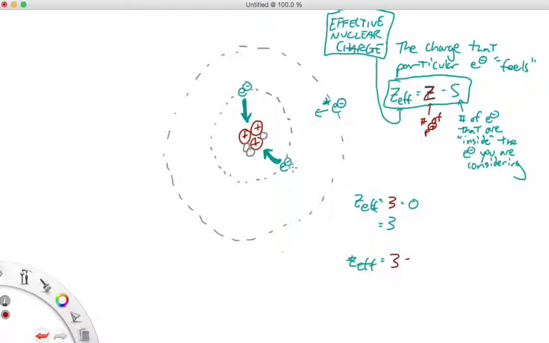Sometimes they call it core electrons. Electrons that are core to this electron. So these electrons are core to that electron. So I would have to say that there are 2 electrons. So the overall effective nuclear charge for this is going to be 1. So for these electrons, their effective nuclear charge is 3. It's a bigger number than this on the outside, and that makes sense. Okay, that should make sense to you as well.